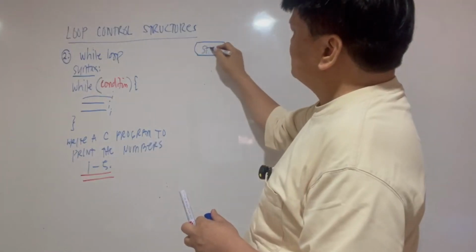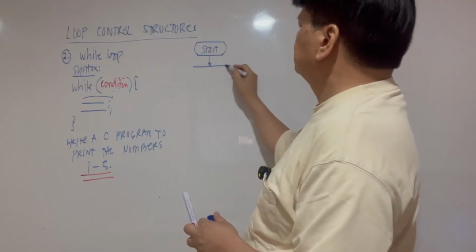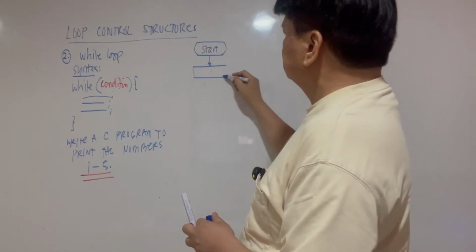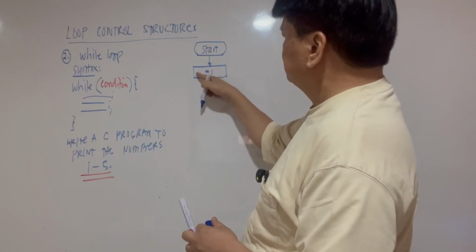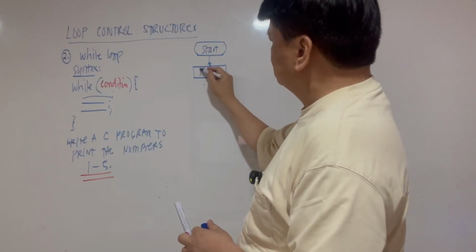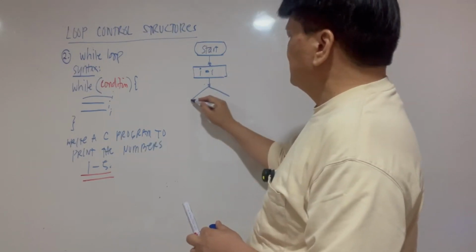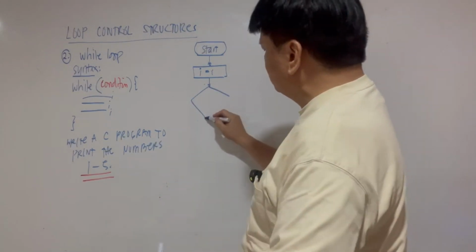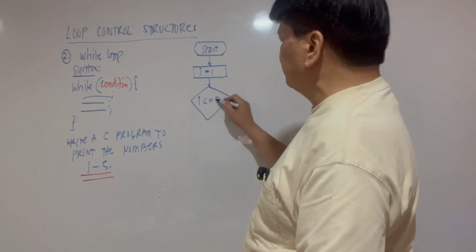So I have there start, initialize, then testing or condition. So you have 5 numbers. Therefore, we test whether I is less than or equal to 5.